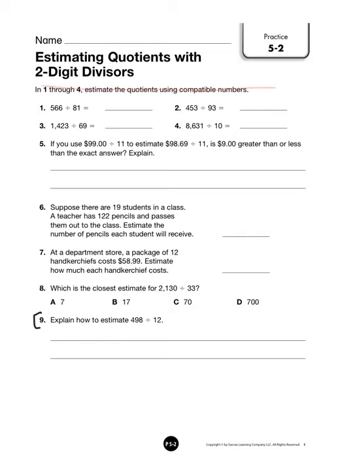So if I could give you kind of like a word bank as a way to get started, it's always a good idea to start with what you know. So say, "I know that," and tell me your compatible numbers, and then complete your thought by saying how the compatible numbers you put here connect to 498 divided by 12.